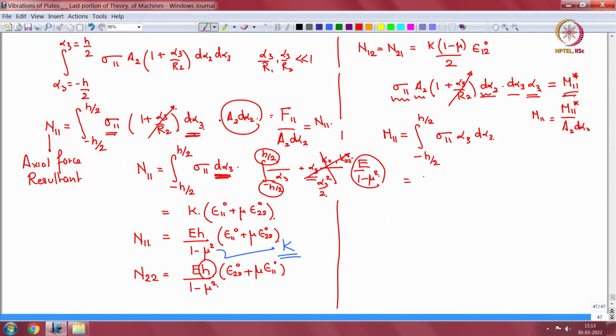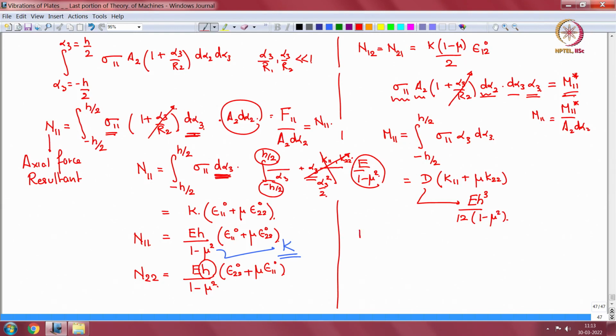That is equal to D times (k11 plus mu k22), where this thing D is the bending stiffness. You must have seen this somewhere. Okay.